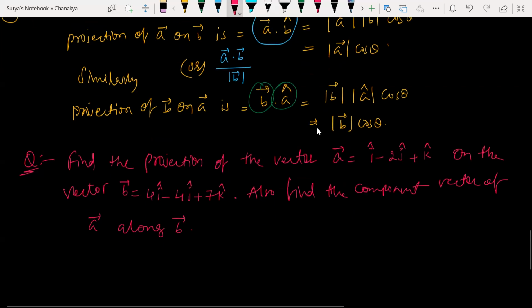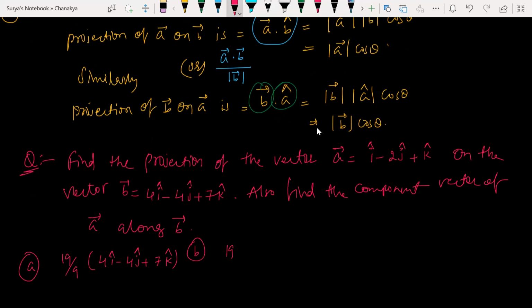So let me give the options. Option A: 19 by 9, 4i minus 4j plus 7k. Option B: 19 by 9, 4i plus 4j minus 7k. Option C: 19 by 81, 4i minus 4j plus 7k.